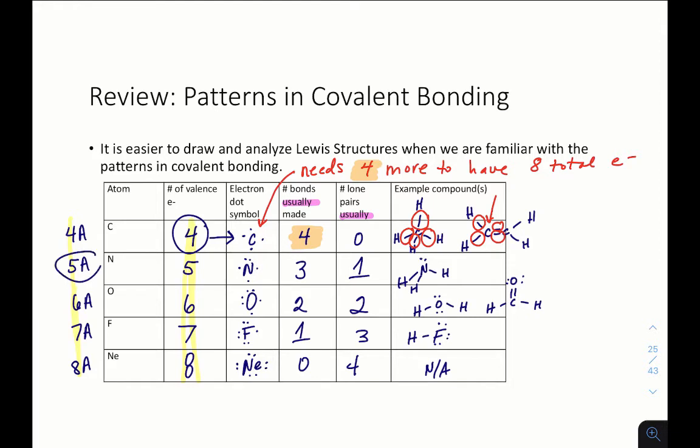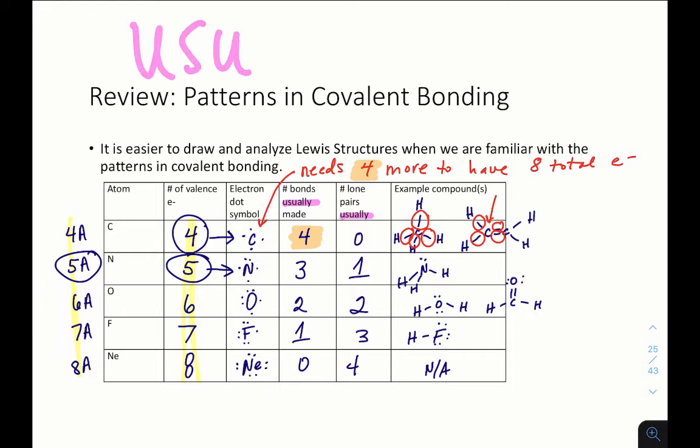Nitrogen is in group 5A, so it has 5 valence electrons, which we can show like this. It makes 3 bonds because 5 plus 3 is 8. And then you'll have 1 pair of electrons left over.